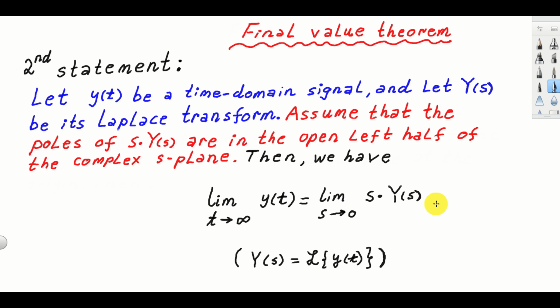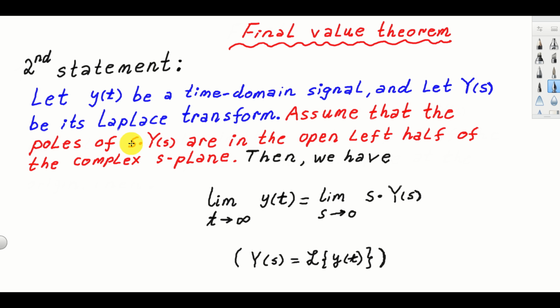And that's it. So what's the difference between the first and the second statement? Well, the second statement is less complex. This is mainly because over here it's required that the poles of s multiplying capital Y of S are in the open left half of the complex S-plane. However, this second statement is actually equivalent to the first statement, and here's the reason.